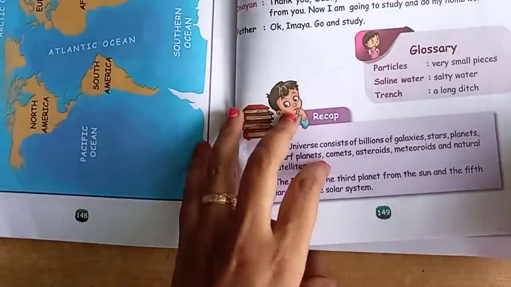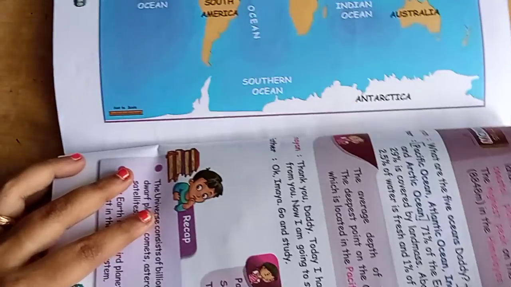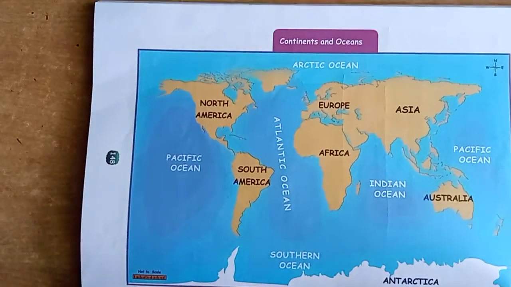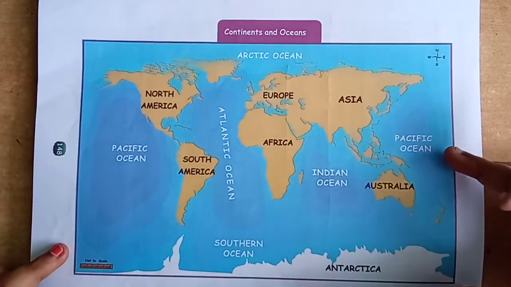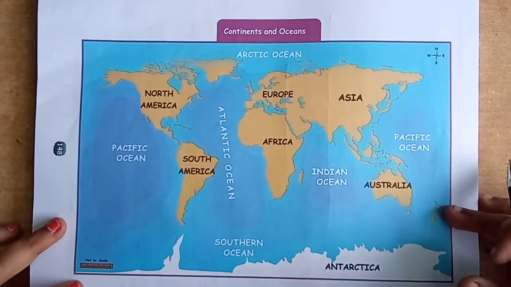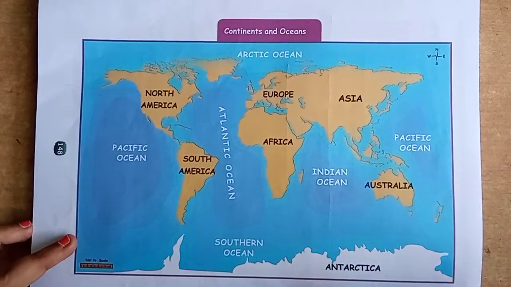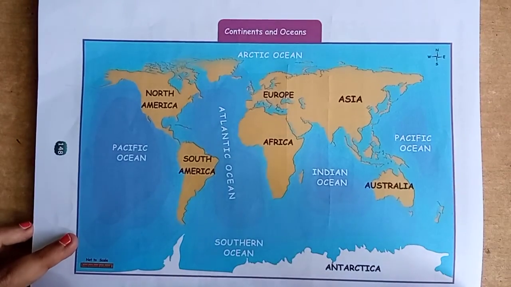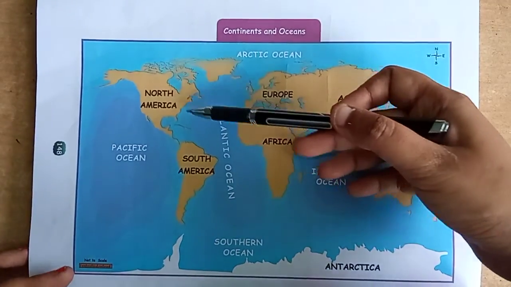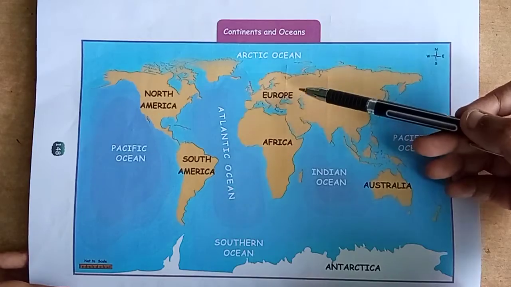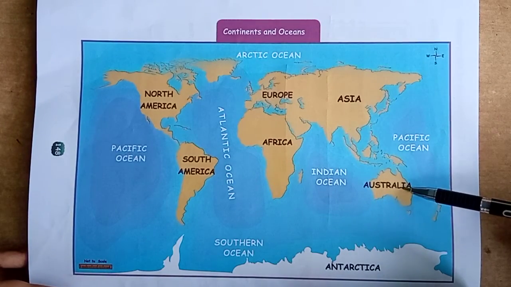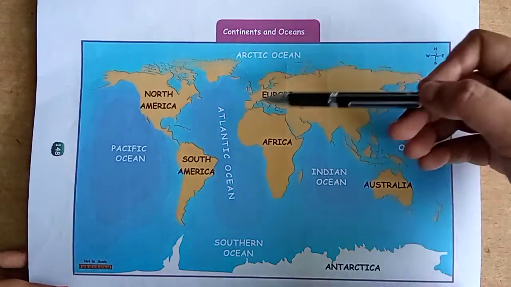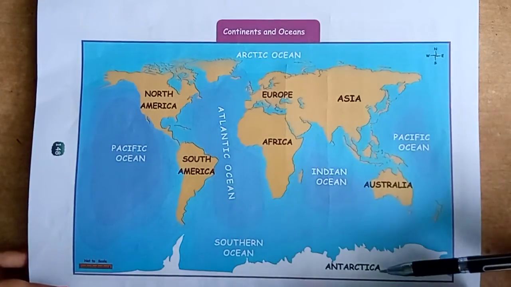So next, here is the map of continents and oceans. Is it clear? Are you all able to see? Where are the continents? North America, South America, Europe, Africa, Asia, Australia, and Antarctica.